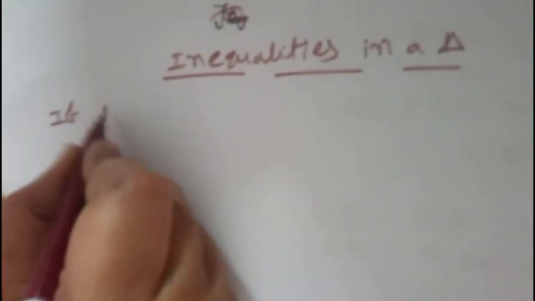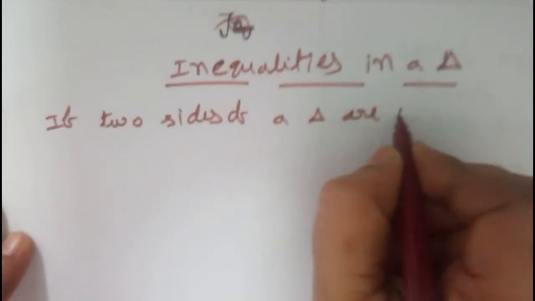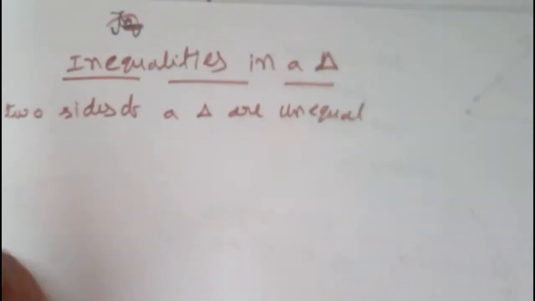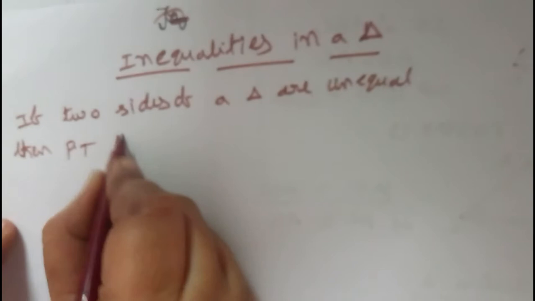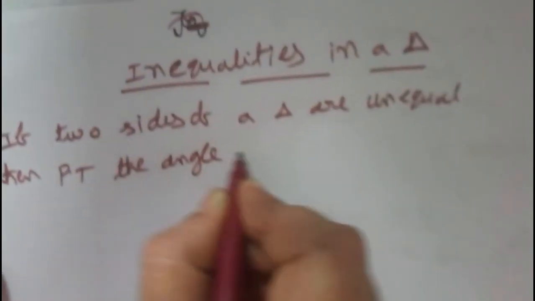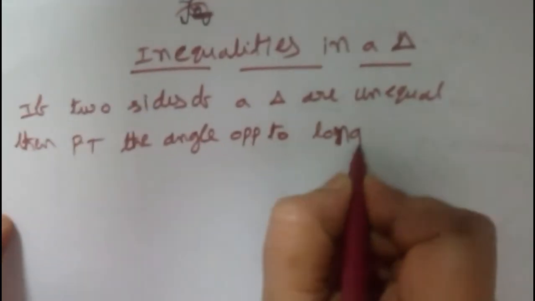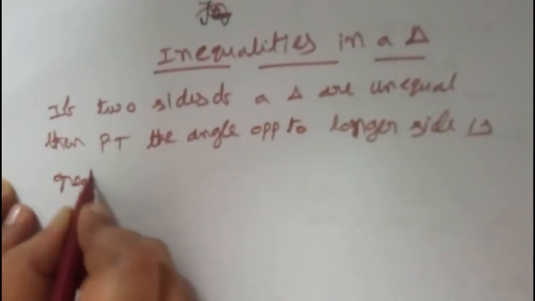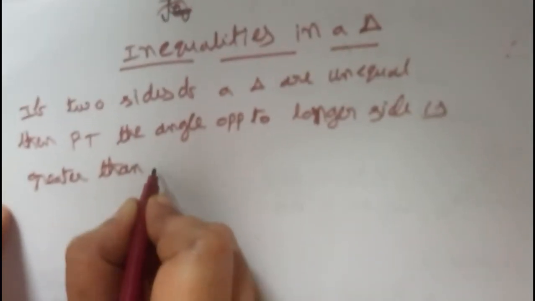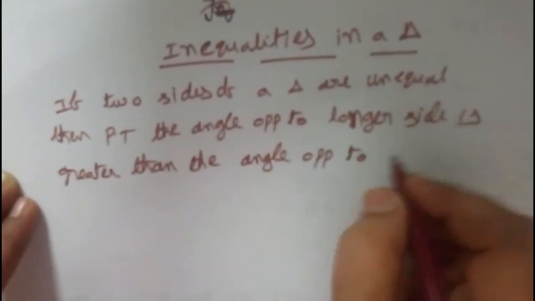So what is the statement? If two sides of a triangle are unequal, then prove that the angle opposite to longer side is greater than the angle opposite to smaller side.